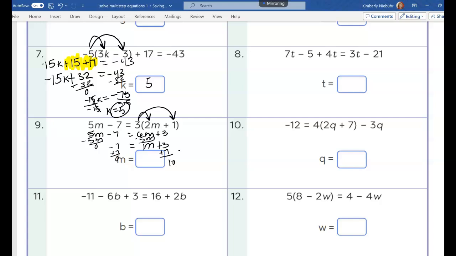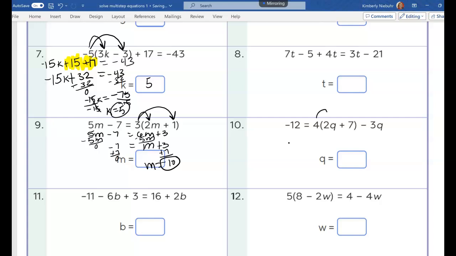And we're going to have negative 10. M equals negative 10. Way to go, Miss Niebuhr. Okay, let's try number 10.